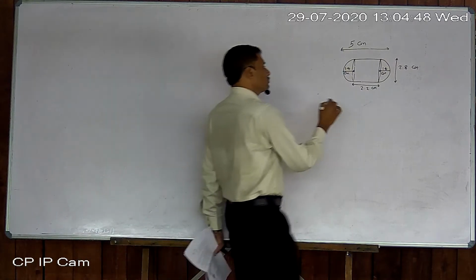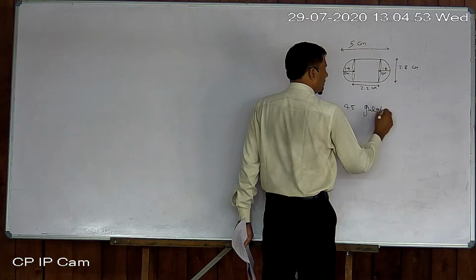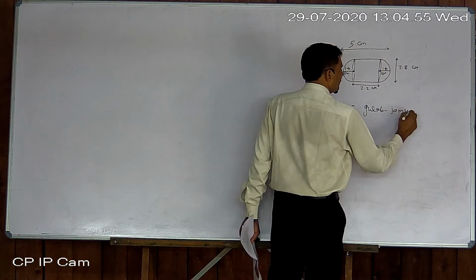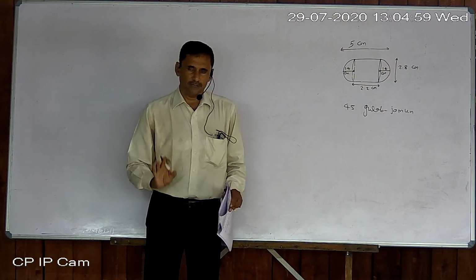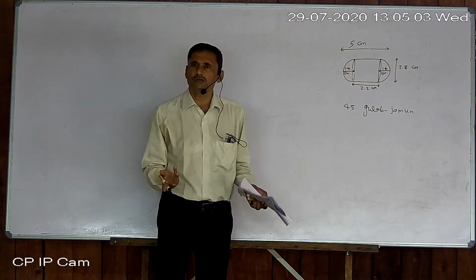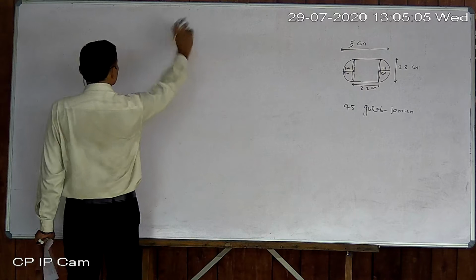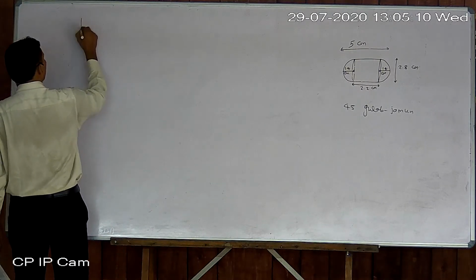And there are so many gulab jamuns, not one. So either we find the volume of one gulab jamun and then multiply by 45, or from the initial step we just multiply by 45. So first of all, write the length or height of the cylinder.